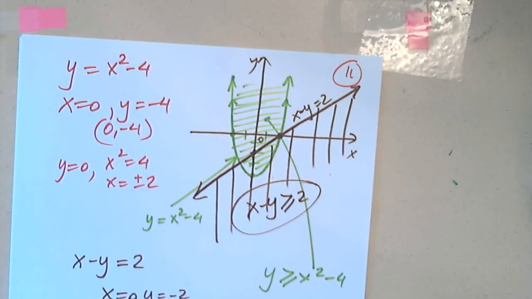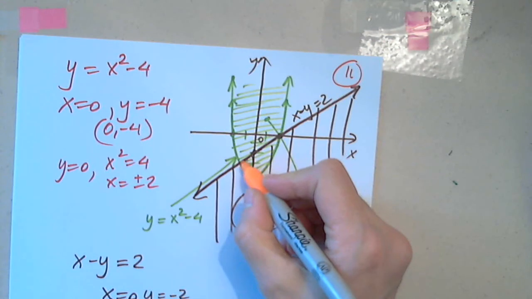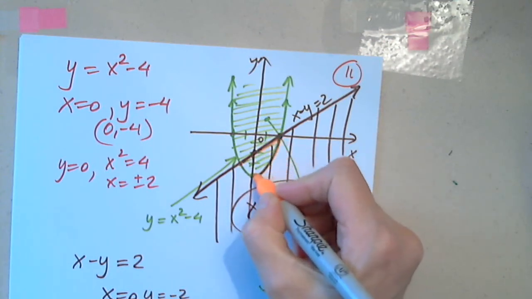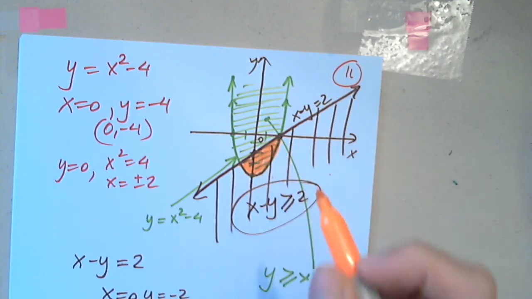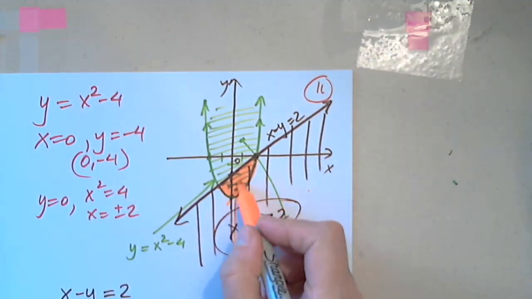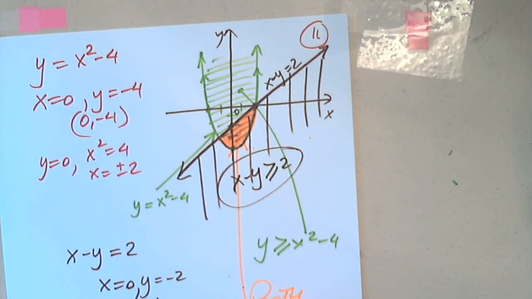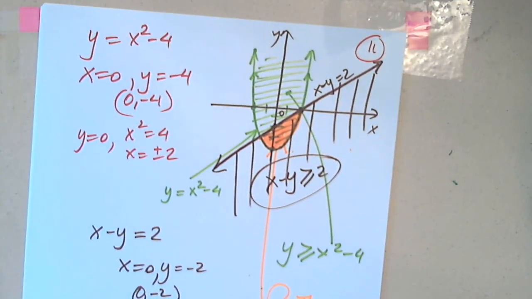But do they overlap? Yes, they do. So the solution is this: all points on this piece and everything in between. This is both, representing the solutions to the system.